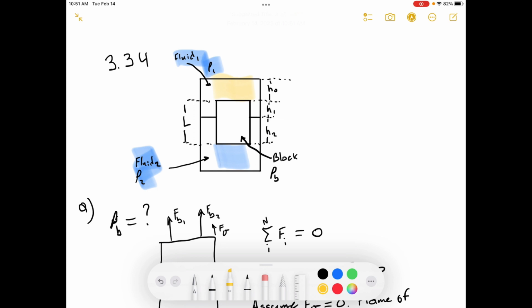And our block is right here in the middle, floating, and the block has a density right there, rho B. And then we have our 3 different heights that it mentioned, and then the total length of the block is L. Also not shown here is the cross-sectional area of the block, which is A. Okay, and we need to calculate what the density of the block is.